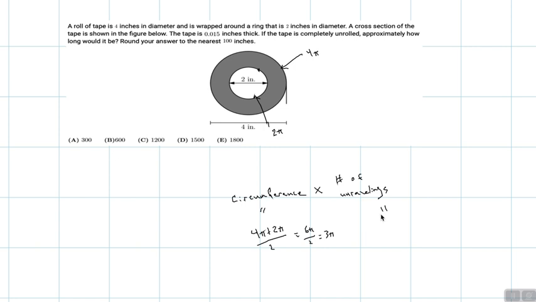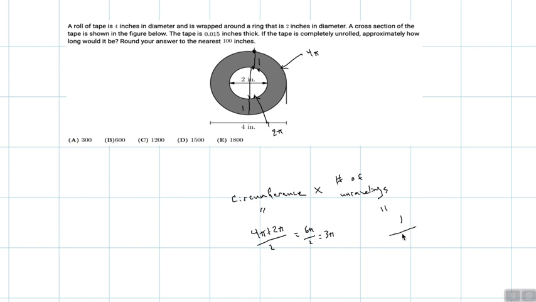Next, the number of unravelings. So number of unravelings is going to be really just what's the distance from here to here. And what we do know is that this distance is 2, and we know this full diameter is 4. So therefore, this is going to be 1, that's 2, and this is 1 to get a full diameter of 4. So the distance that we're covering is 1 inch.